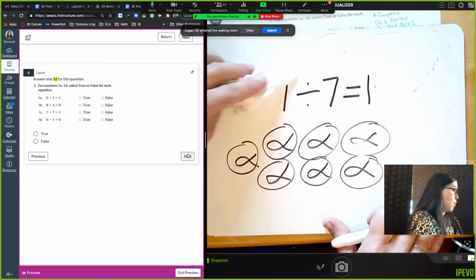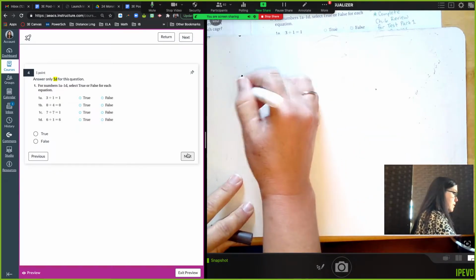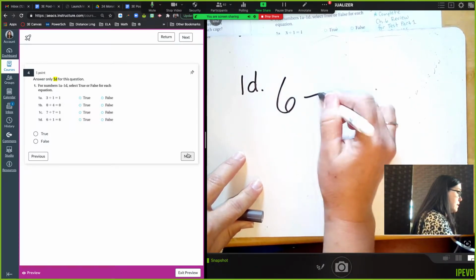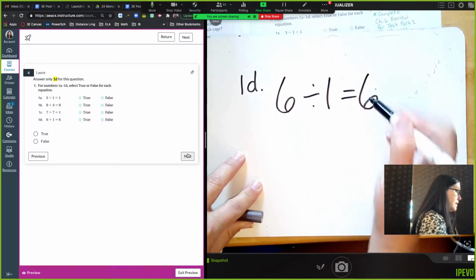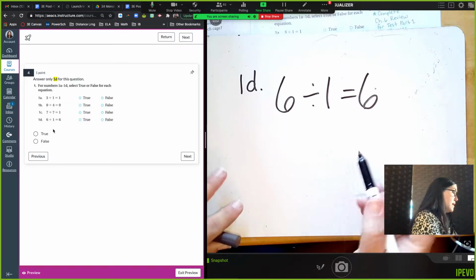Now, let's take a look at 1D. So 1D is 6 divided by 1 equals 6. Now, think back to what we talked about with 1A, right? Any number divided by 1 is that number. So 6 divided by 1 is 6.